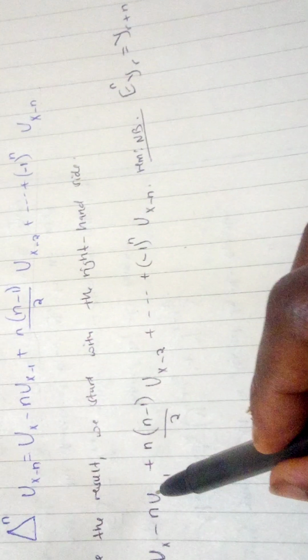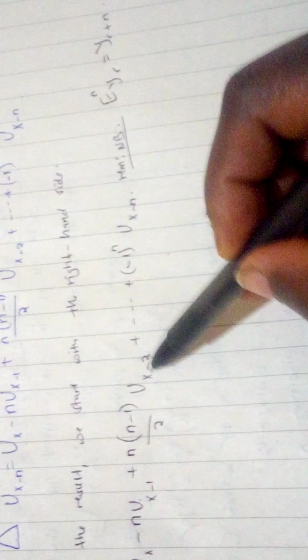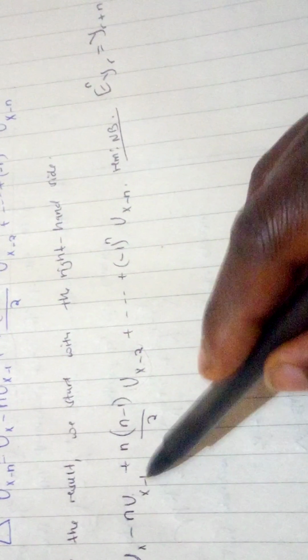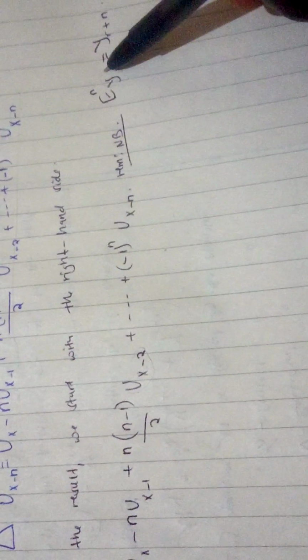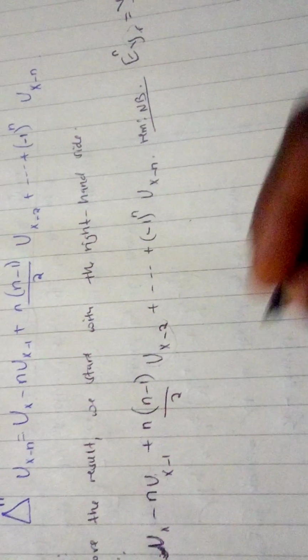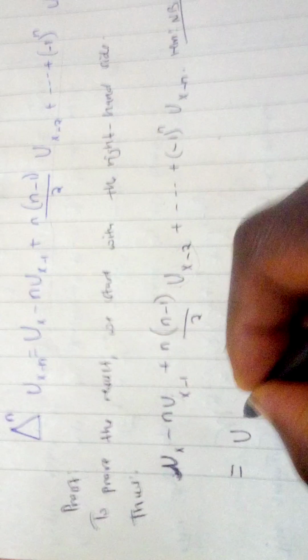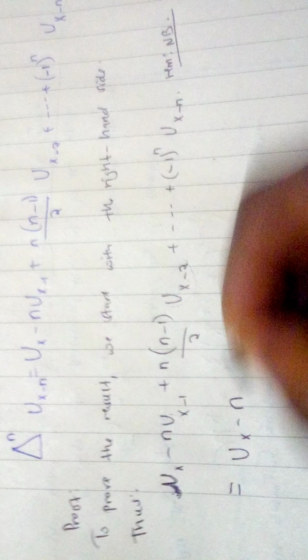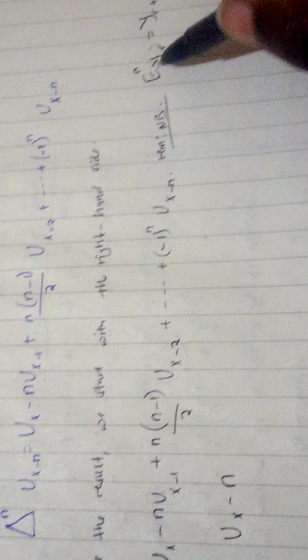Here we are using y, but now here we are using u. Relate the two: wherever we have u(x minus 2), u(x minus 1), u(x), it means it is being represented by the functional value y_r. So we have u(x minus n), and we are going to represent this with the shift operator E.